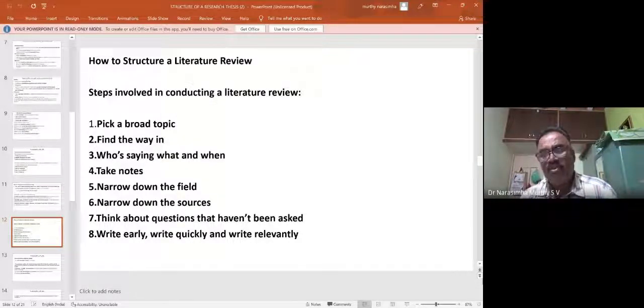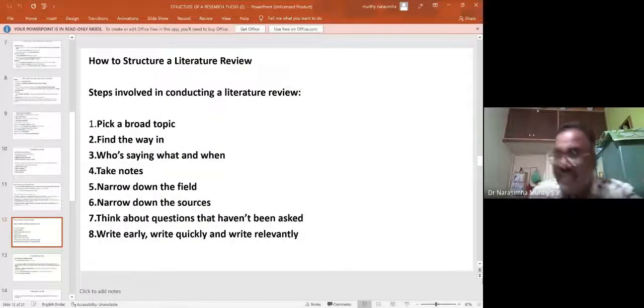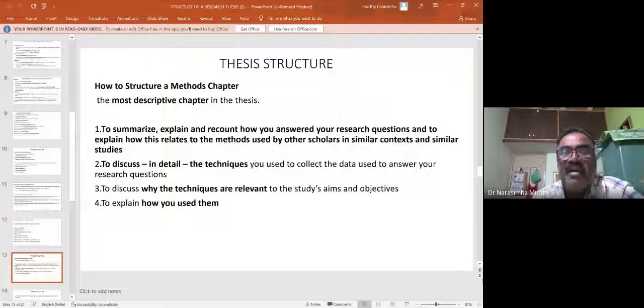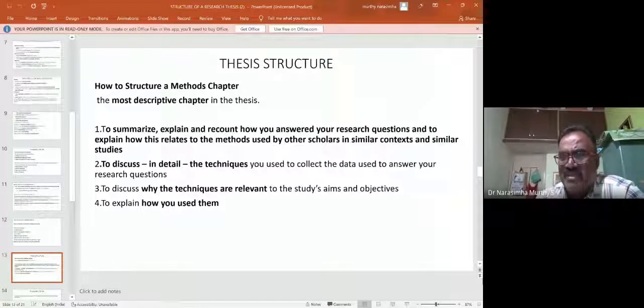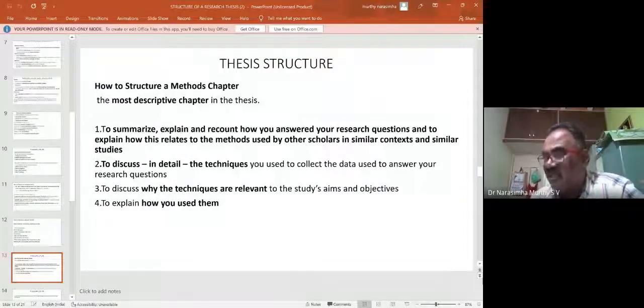Not only structure, how to make the reader, the reviewer, very important, the reviewer, realize that your efforts should be recognized. Then there is another chapter called the methodology chapter, methods. Usually one of the most descriptive chapters, but sometimes again, it depends. This is an optional chapter.